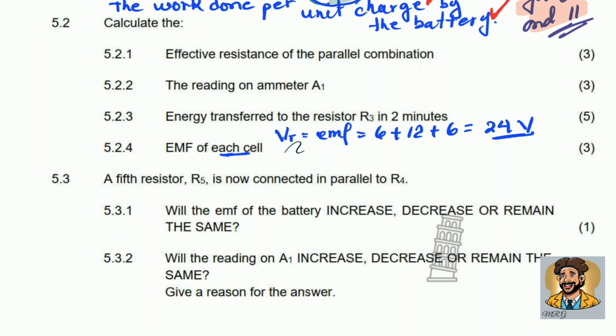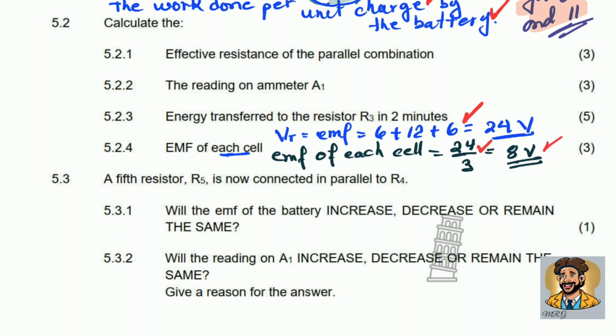So the EMF of each cell is going to be equal to 24 divided by 3 because we have 3 cells. So the answer is 8 volts. Each part of that specific battery has a potential difference of 8 volts. Marking, they gave 1 mark for calculating the total, 1 mark for dividing by 3, and 1 final mark in here.